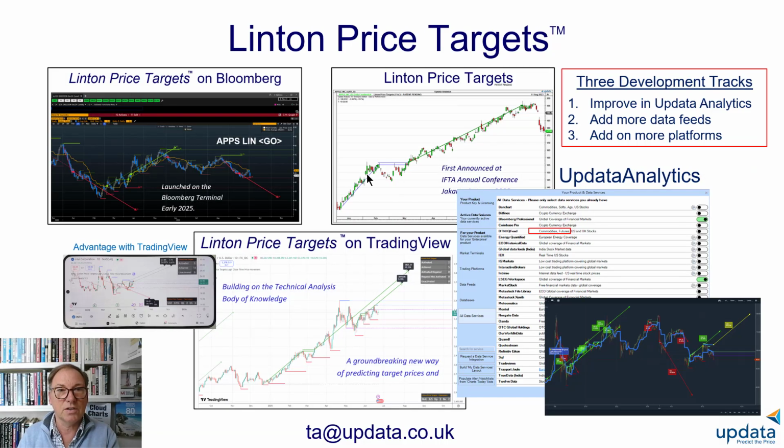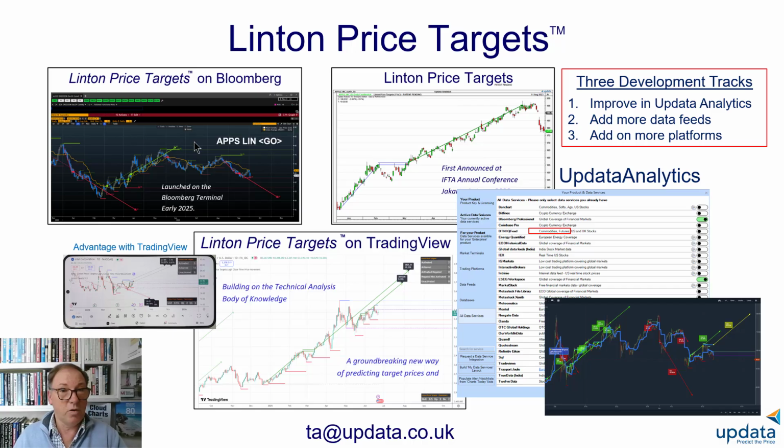But as I mentioned, the real issue is how much control we have on the coding in those platforms. So they're on Bloomberg. They've been on Bloomberg now for over a year, and that's been more and more successful. People are taking them on Bloomberg more and more.